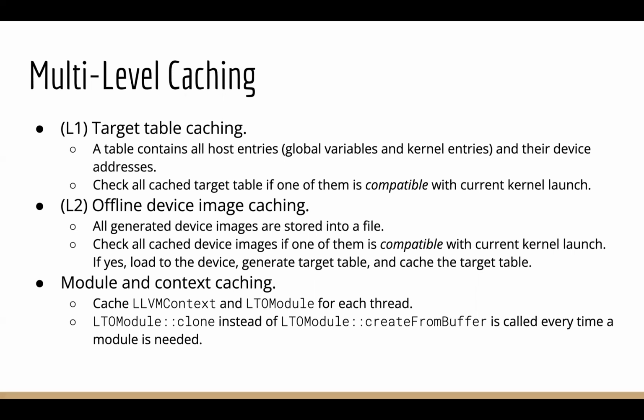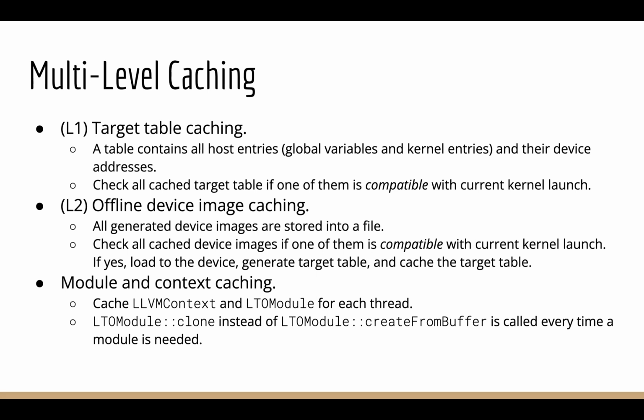So that's why we have multi-level caching. The first level is target table caching. A target table is a table that contains all the host entries. Host entries can be global variables and kernel entries, and their corresponding device addresses. And then every time we have a kernel launch, we first check whether we have the target table.